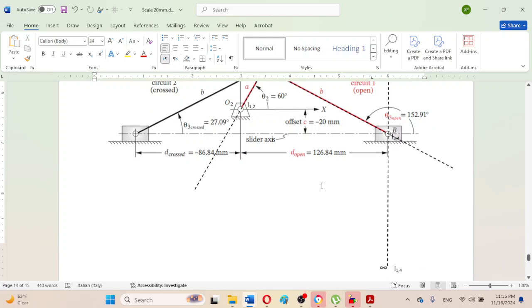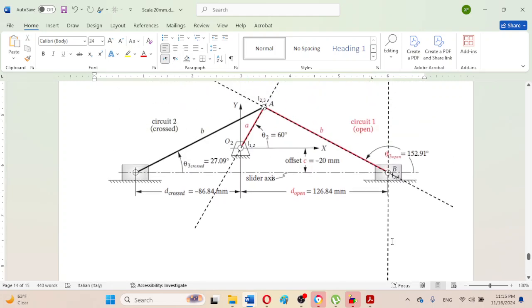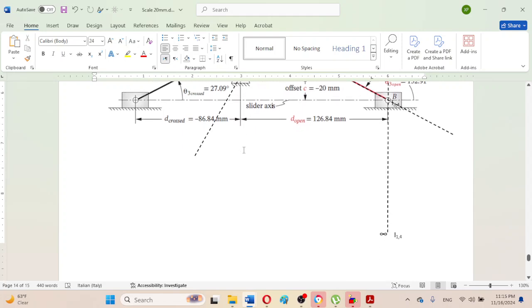So at infinity this instant center I1 comma 4 and this permanent instant center will be on a common line.